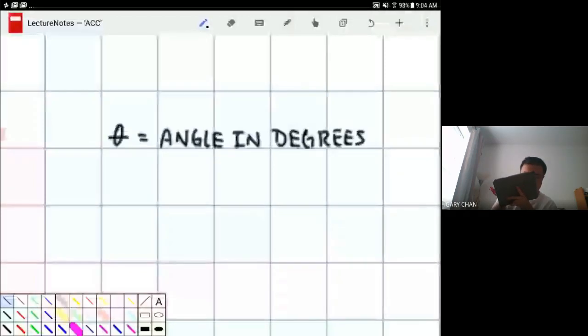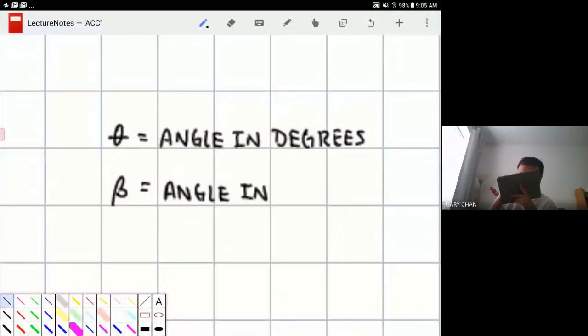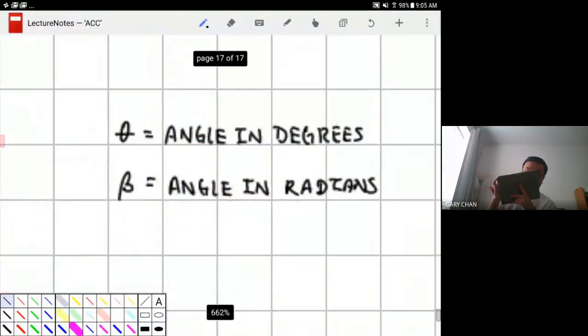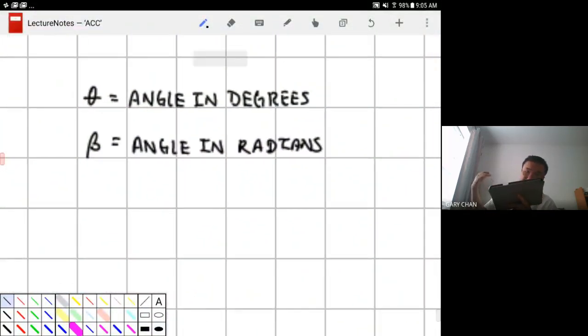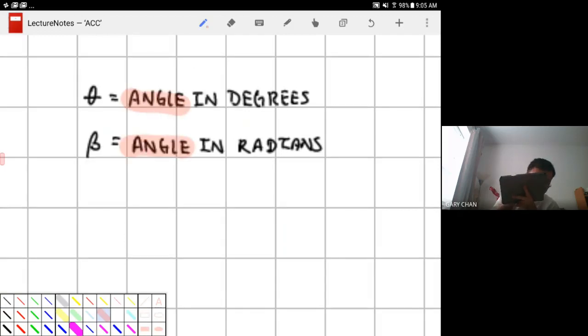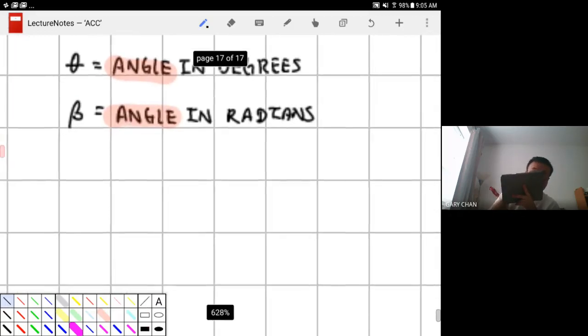And beta is an angle in radians. Okay, so these things mean the same exact things. It's just that one is expressed in this unit of degrees and the other is expressed in a unit of radians. They both describe angles. All right, so there's a direct conversion that can happen.